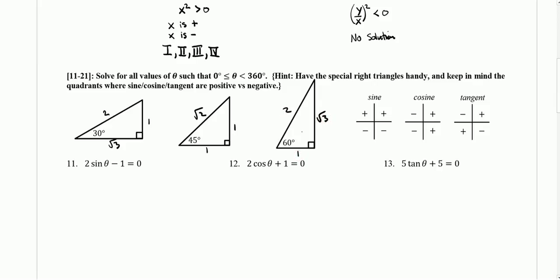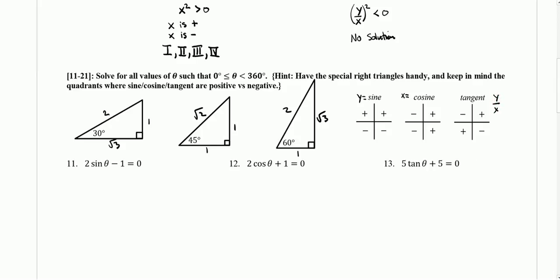They remind us that, okay, sine is our y value, right? And so our y values are positive above the x-axis, negative below. Cosine is your x value. So x values are positive on the right side of the y-axis and negative on the left side. And tangent is y divided by x.